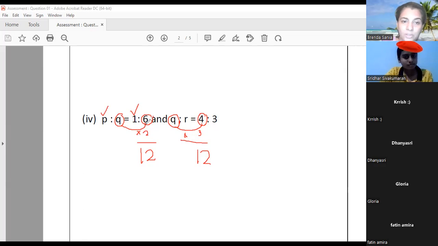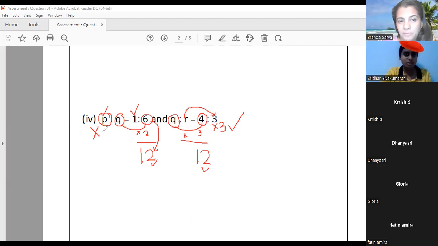So now you know that the Q can become 12 for this part, and the Q can become 12 for this part, okay? Now what happens here? The 4 times 3, you get 12. You do the same for the R. So over here, 3 will times 3 to get R. But over on this side, P will times how much? Who can tell me?